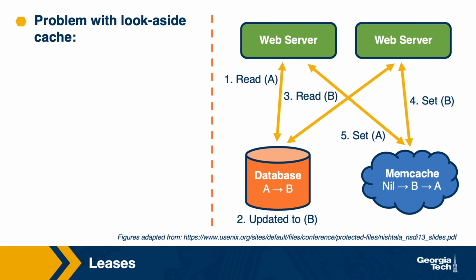Since these two set messages are traveling over a network, it is possible that they will be reordered and that the set message from web server 2 arrives before the set message from web server 1. So if we take a look at the Memcache, its value will first become B, and then it will become A. This will leave the cache in an incorrect state.